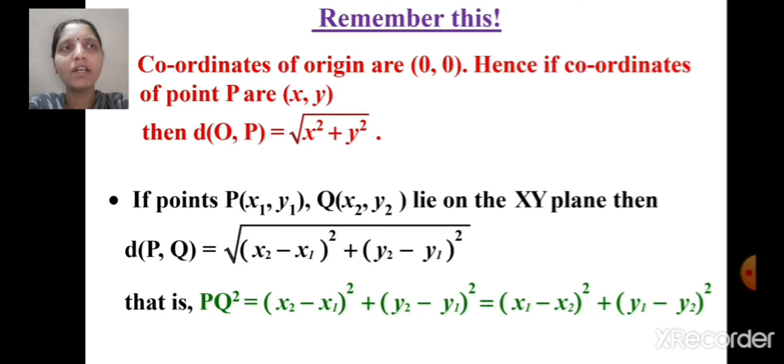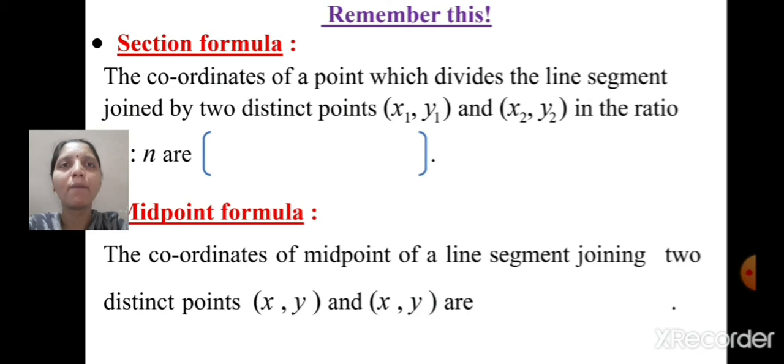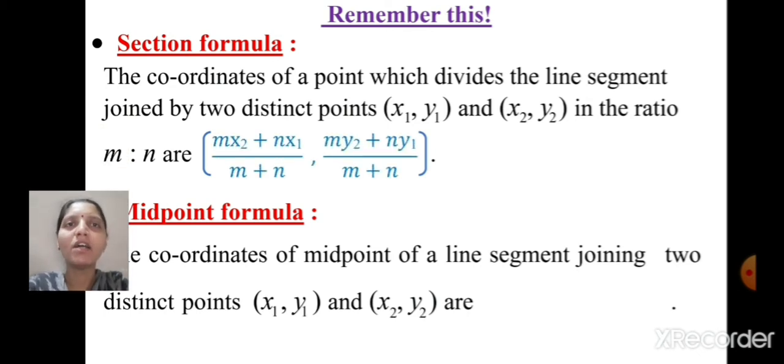Now let's see the second formula, that is the section formula. Okay, so what is the section formula? The coordinates of a point which divides the line segment joining two distinct points with coordinates x1, y1 and x2, y2 in the ratio m:n. Now what is the meaning of this?